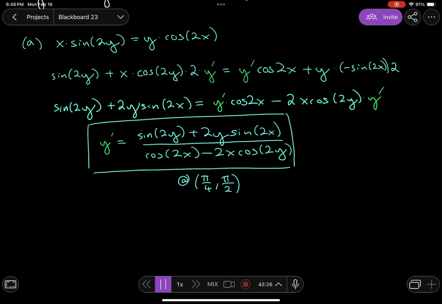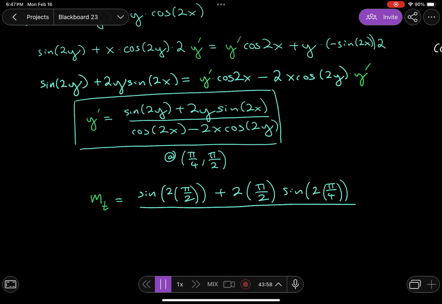Okay, so y prime, the slope of the tangent line this time, is equal to the sine of 2 times pi halves plus 2 times pi halves times the sine of 2 times pi fourths, all divided by the cosine of 2 times pi fourths minus 2 times pi fourths times the cosine of 2 times pi halves.